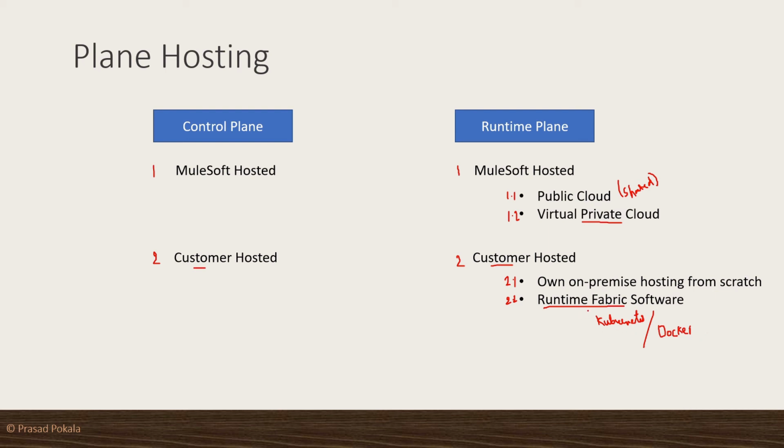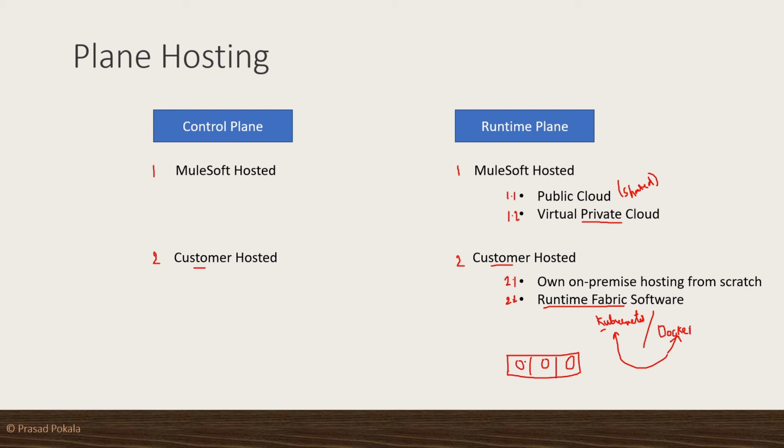But with Runtime Fabric, once your Mule application is ready, it can containerize your application into a Docker container and then host it, or make it part of the Kubernetes cluster, so that each Mule application is one node or a Docker container in Kubernetes, and all such apps form a Kubernetes cluster. So you can relate it to something like CloudHub.